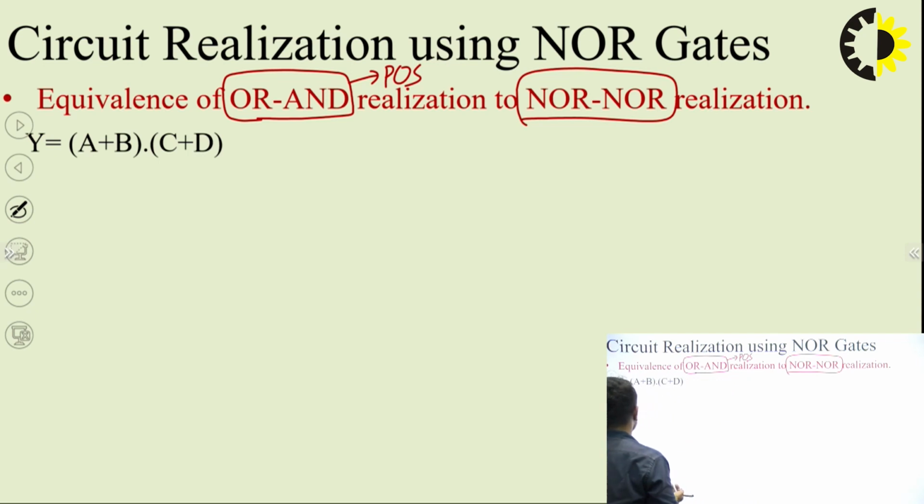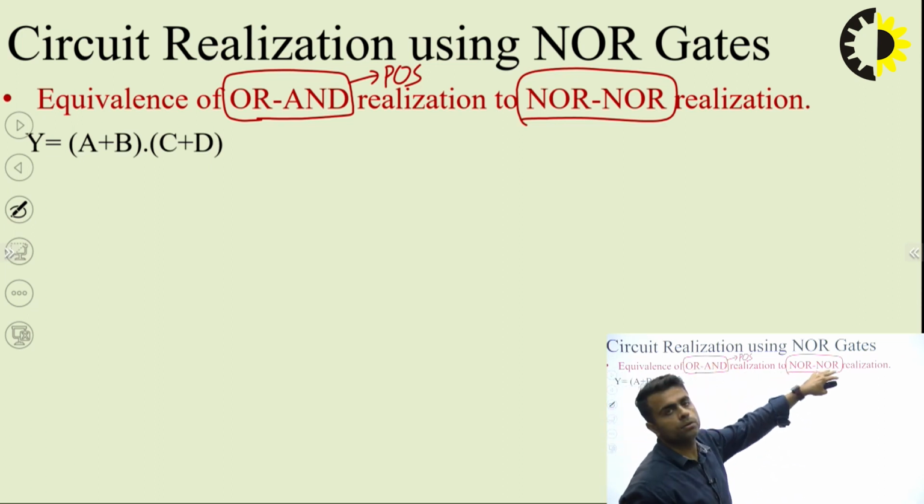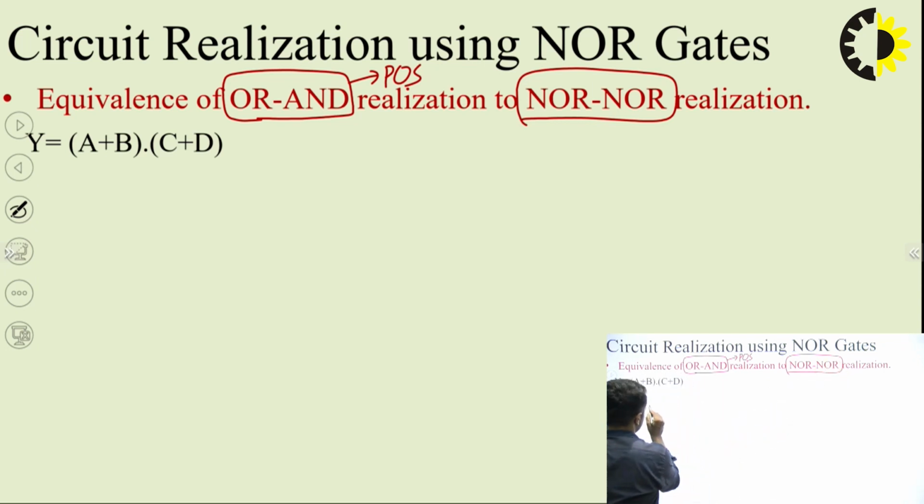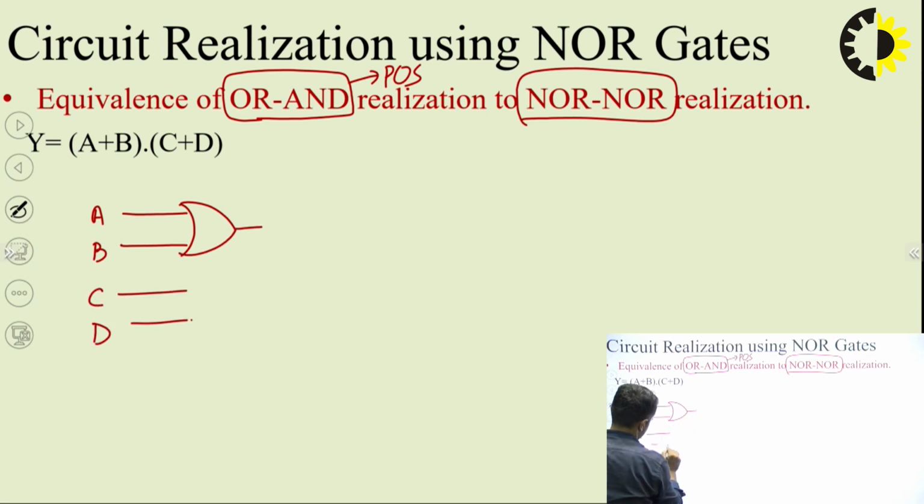So let's proceed towards this (A plus B) dot (C plus D). Again, this is the simplest of the expression by which we are proving the equivalency of OR-AND and NOR. Okay. So this A plus B means this is A, this is B, OR gate, similarly C and D. And then this product means AND gate.